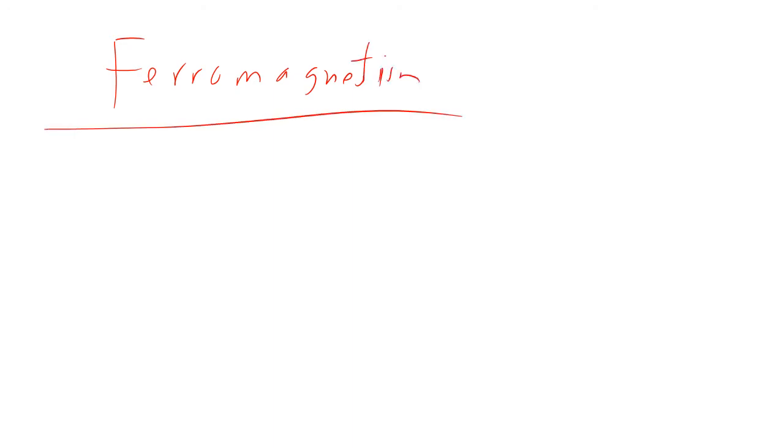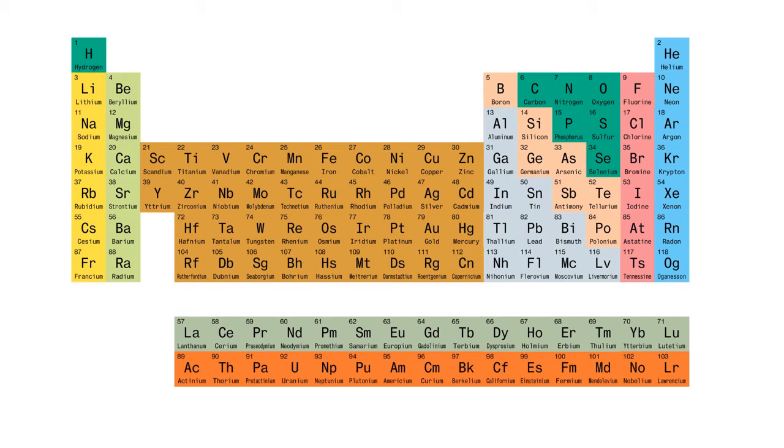The other thing I want to talk about is ferromagnetism. Ferromagnetism occurs in things near the middle of the periodic table. So if you imagine things that are in here somewhere, remember, as you're putting the electrons into the atoms, you're adding electrons.